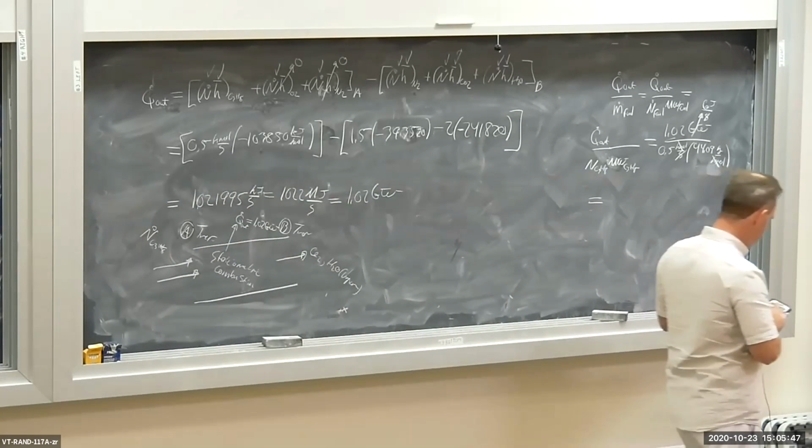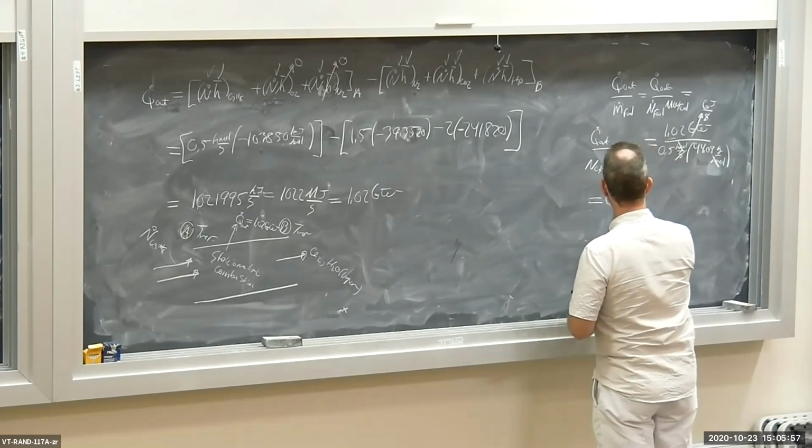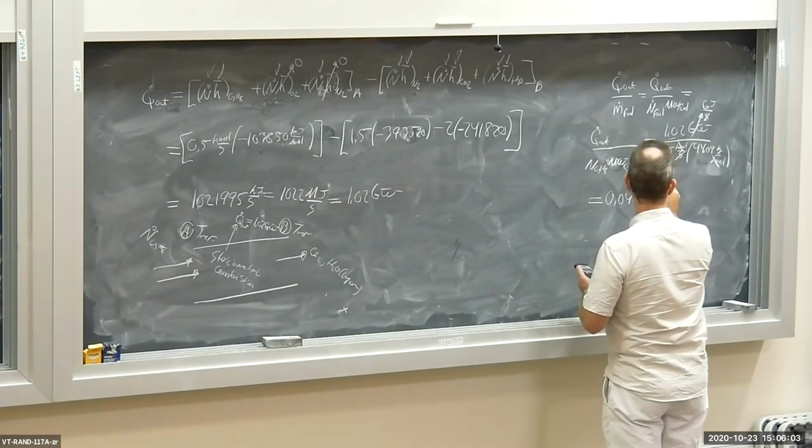So 1.02 divide by 0.5 divide by 44.09. And I get 0.0463. And that's going to have units of gigajoule per kilogram of fuel.